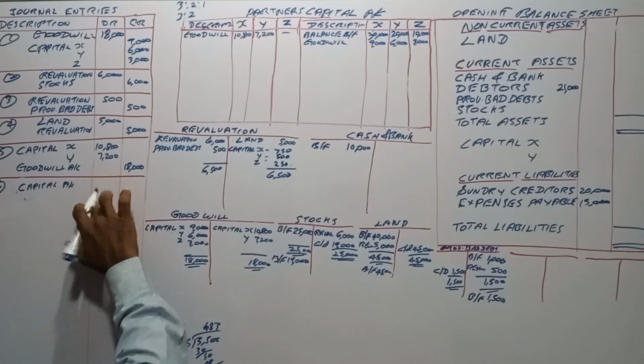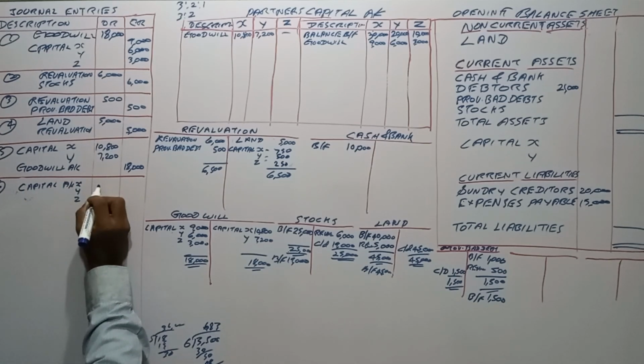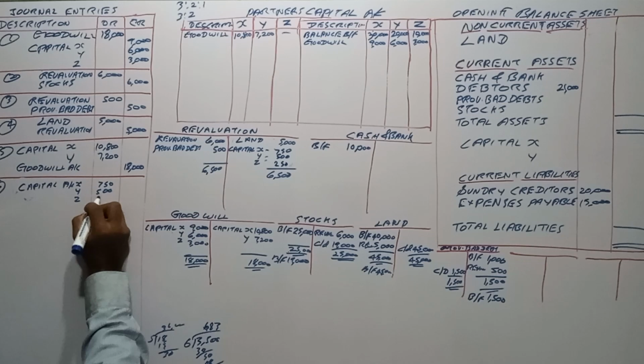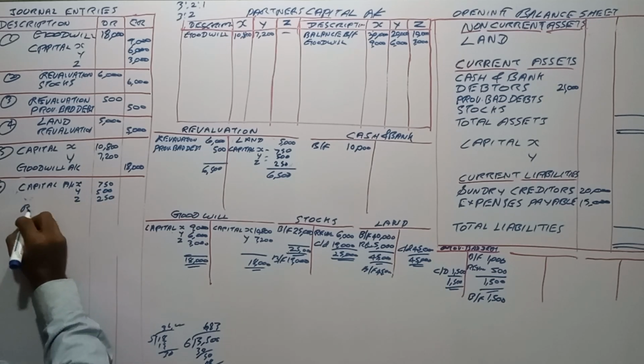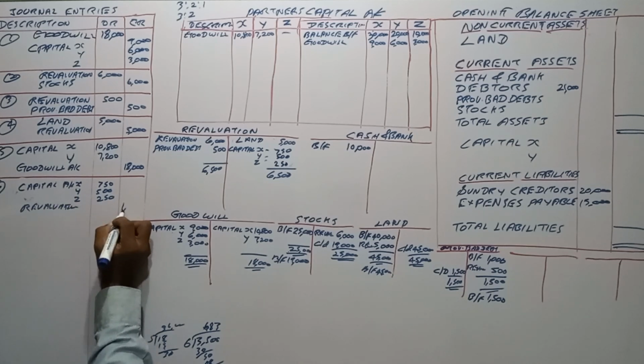The capital accounts of X, Y and Z are debited 750, 500 and 250, and the revaluation account 1,500.